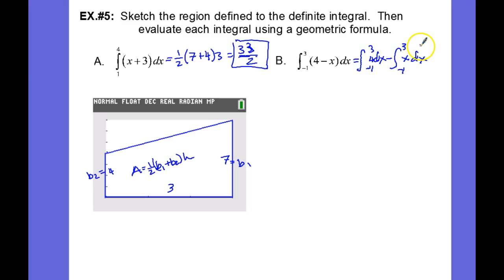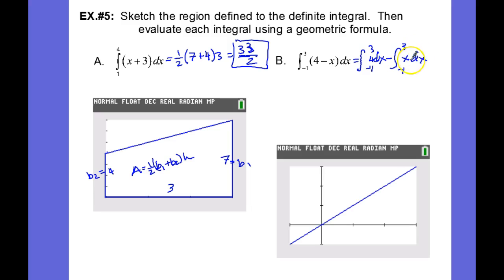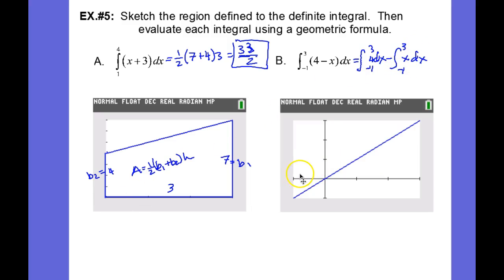So let's take a look at what that graph looks like. And so here we have our graph of y equals x. The window settings are x min negative 1, x max positive 3, y min negative 1, y max positive 3, and the scale is simply 1.